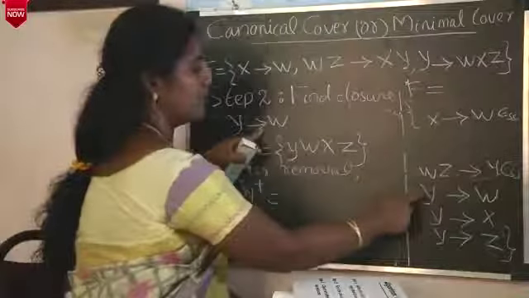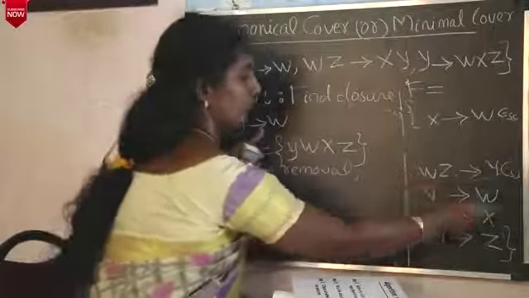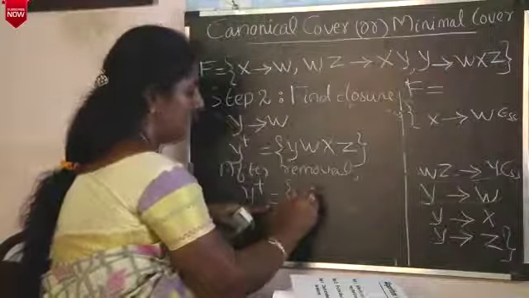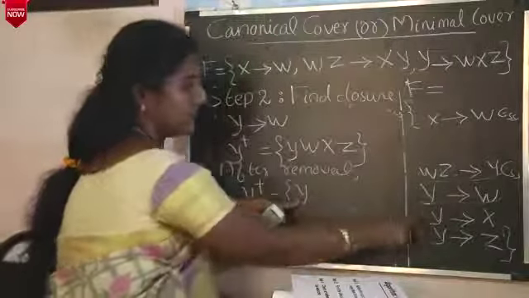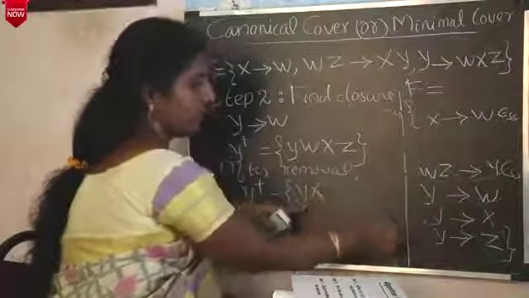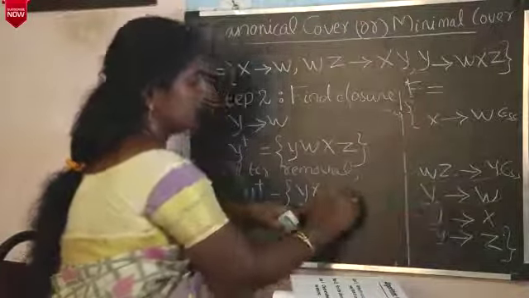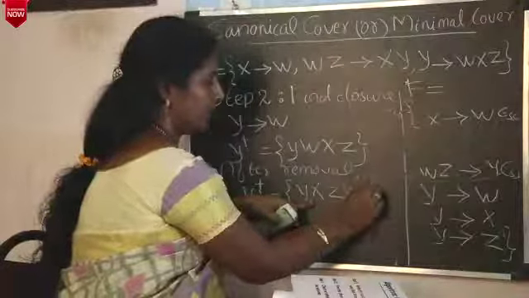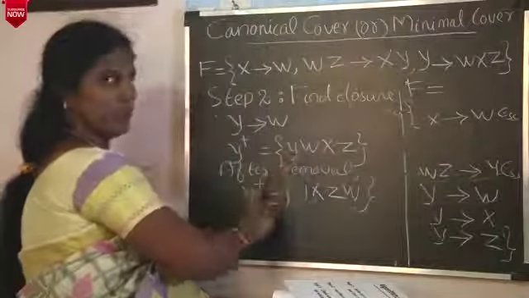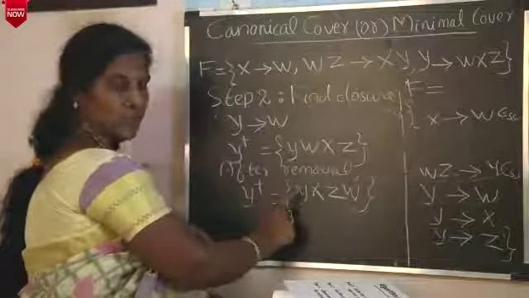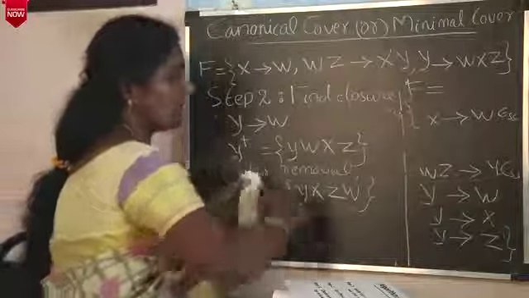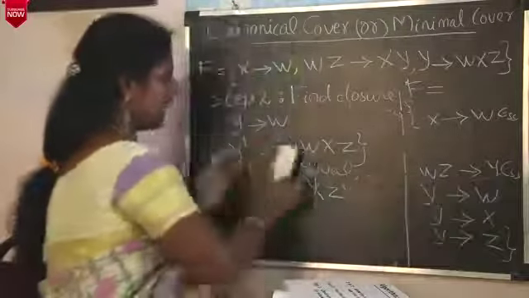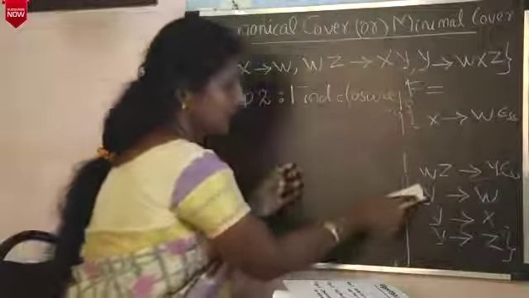We assume that y determines w is removed now. So y determines x, y determines z, and x determines w. So here also, after removing this, the closure set is the same. This is not essential. That also can be removed from this.